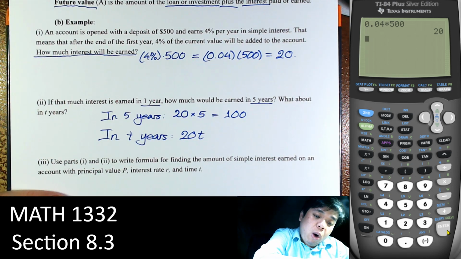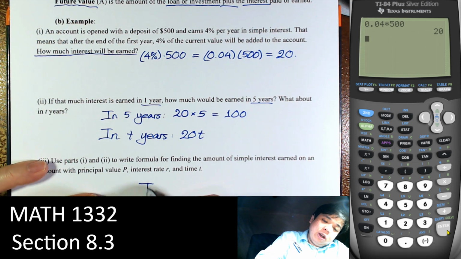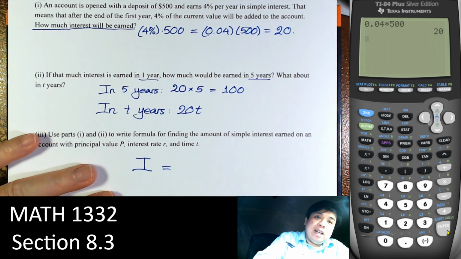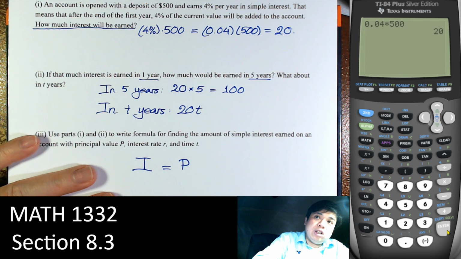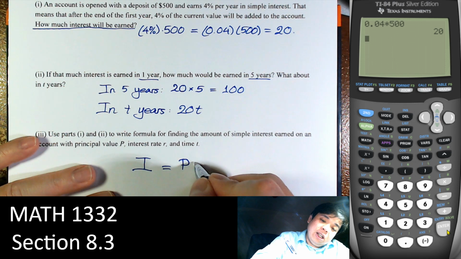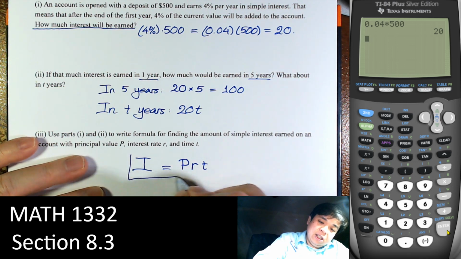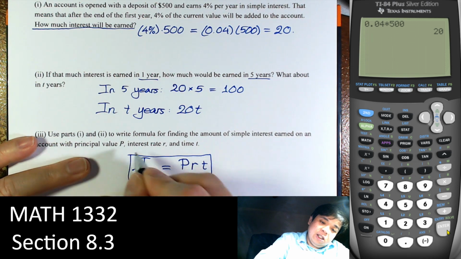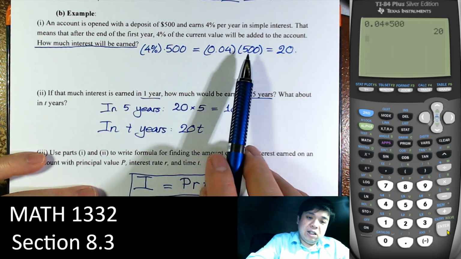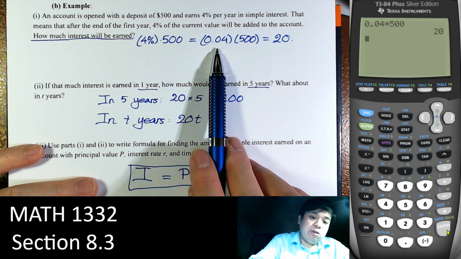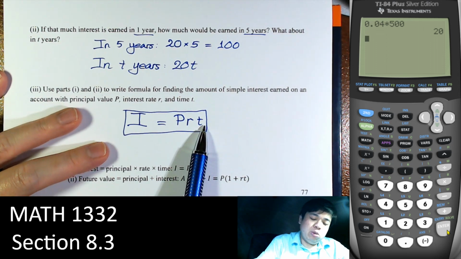Now use parts 1 and 2 to find the formula for the simple interest. The simple interest, if it is I, will be equal to the principal, the original amount, times the rate for 1 year, times t. Like 500 times the rate for 1 year and then times how many years it was.